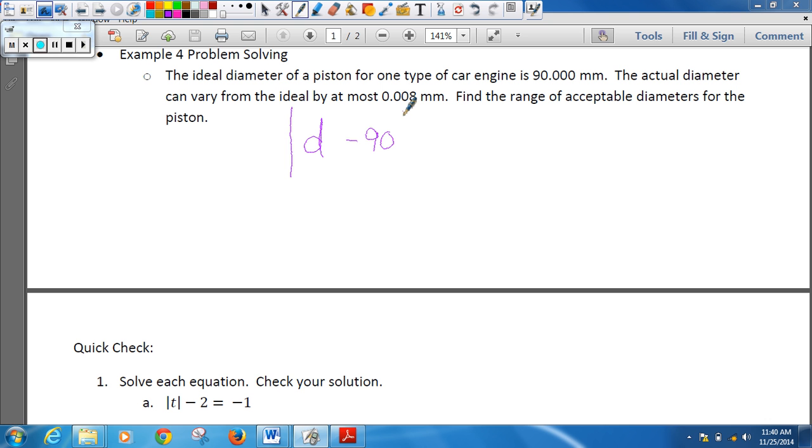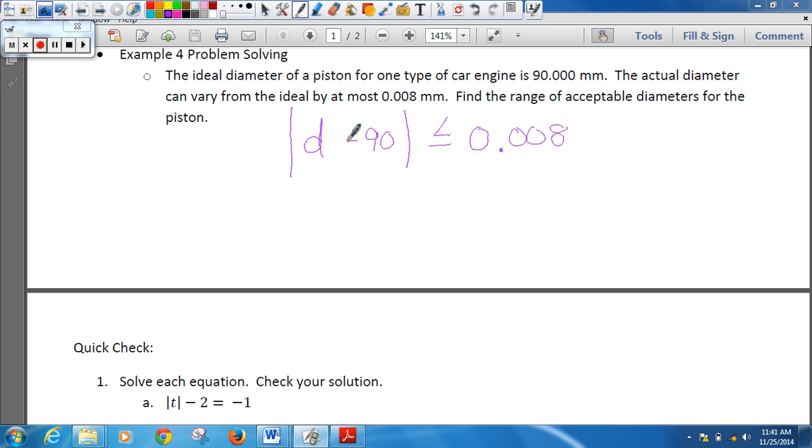The distance away from that can be at most, so it could be equal to, but no greater than, 0.008. So my distance away from 90 has to be less than or equal to 0.008 in order for it to be an acceptable diameter.